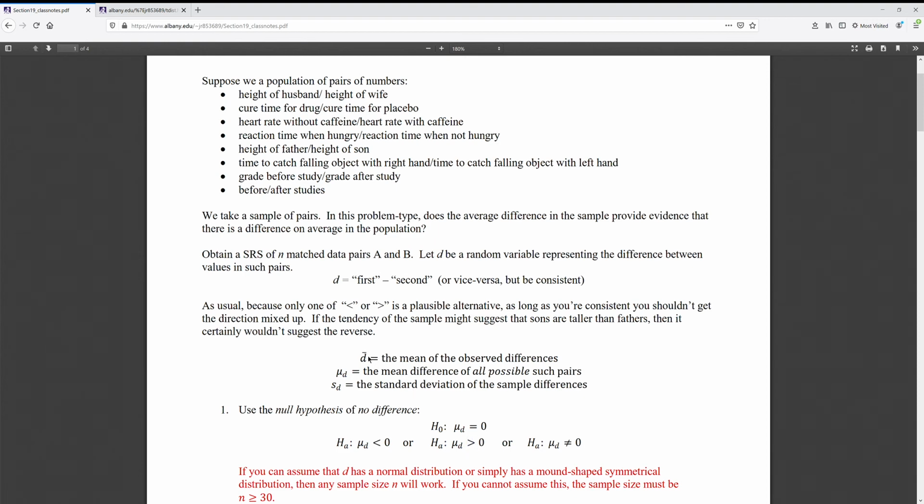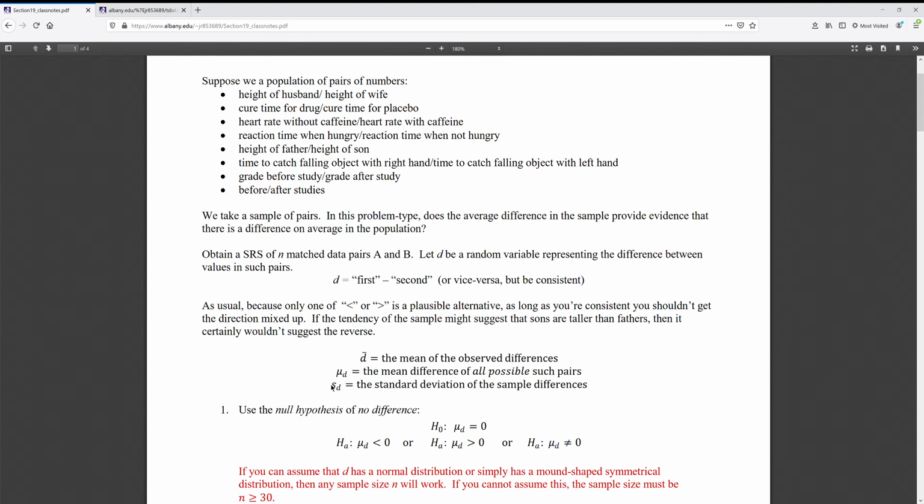And if d bar is very far away from 0, then it suggests that the population average difference is not 0. Same old, exactly what we did in section 18, and in a broader sense, section 13, using the sample average to test theories about the population average.